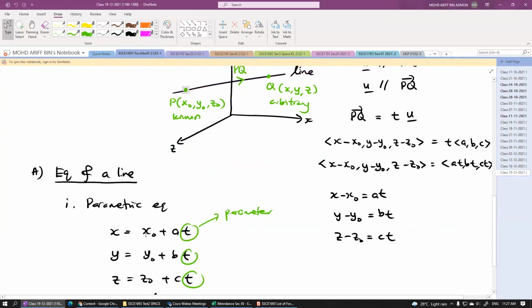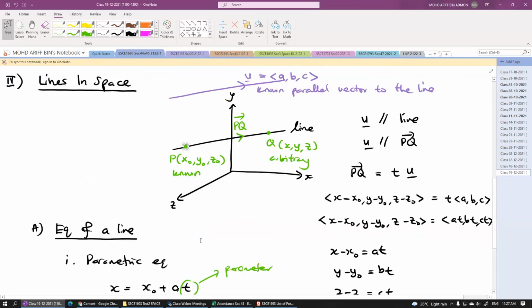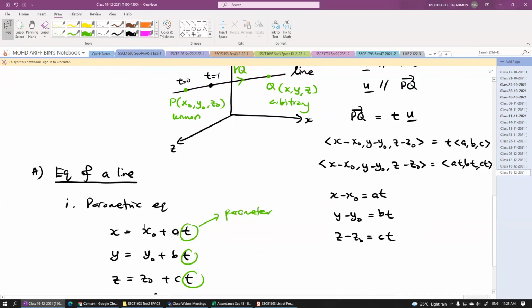Let's say if you choose t equal to 1, maybe your point is somewhere here. You know your a and x naught, you calculate and multiply by t, and then you get your x here. Likewise your y and z from t equal to 1.